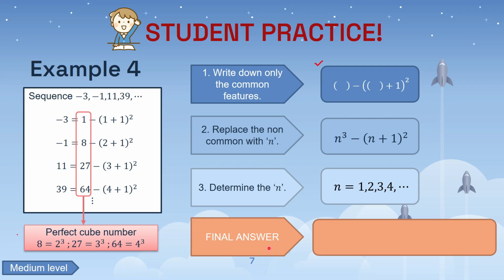So the final answer is we combine these two answers, then you get the inductive conclusion: n cube minus bracket n plus 1 close bracket power of 2, then n equals 1, 2, 3, 4 dot dot dot, the 3 dots.